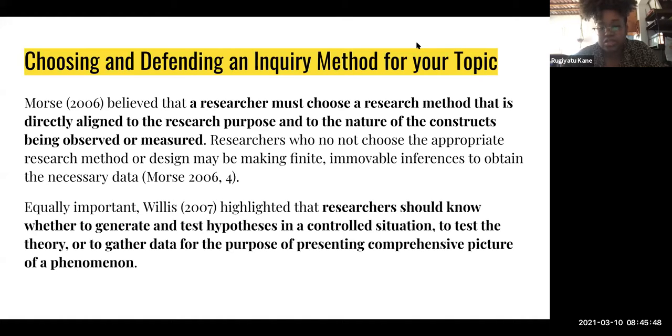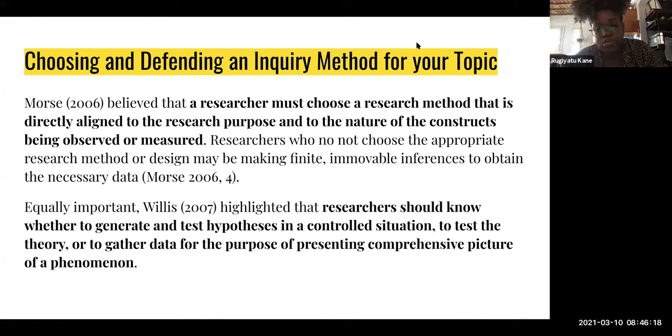What does this mean? It means that you need to choose a method that is appropriate to the design of your research in order for you to get the necessary data. You each have a question that you're looking at. Based on that question, the purpose behind your research is to answer that question. So based on the question you have, you need to choose the methods or the design of your study that is going to be in line with that.